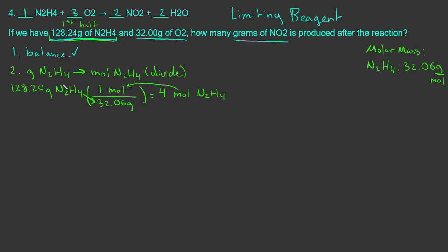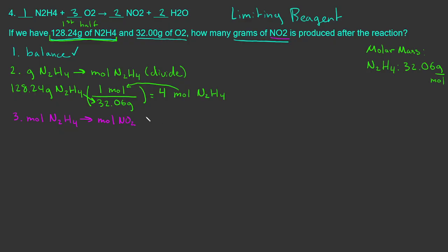Then our next step is to go from moles. So now that we have moles of N2H4, we want to then go to moles of our compound that we really care about, which is NO2. And so moles of NO2.